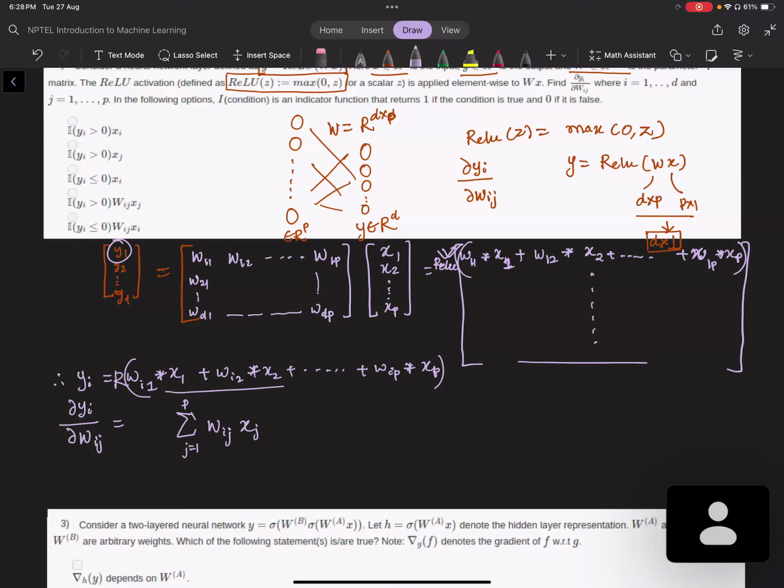And since we are putting ReLU, I'll just put a ReLU function on all these things. ReLU function is max of this value and 0.